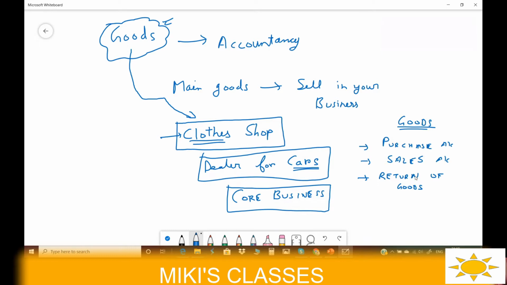Return of goods: you've sold goods, that has come back to you. This is also called return inwards. Why inwards? It has come back to your company.